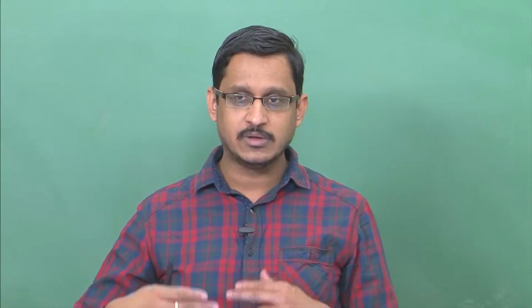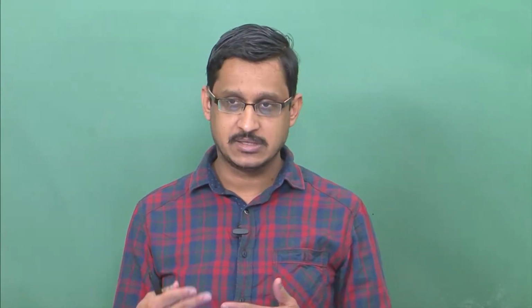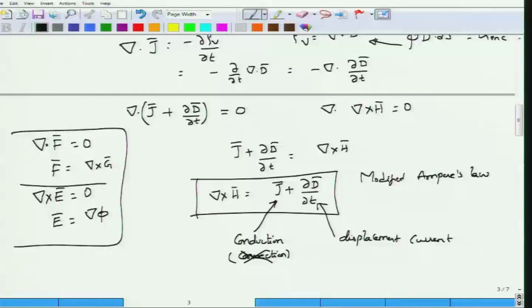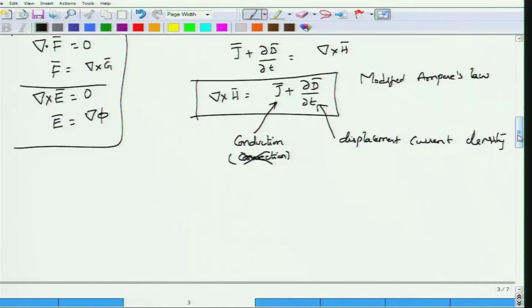Now, there is another term which is actually the variation of the electric flux density, and that also performs the same role as that of the conduction current, and therefore, this is called displacement current. Well, this is density again, because to actually get the displacement current you need to integrate over a closed surface. So, this is the point form of modified Ampere's law, or sometimes called the Ampere-Maxwell law.